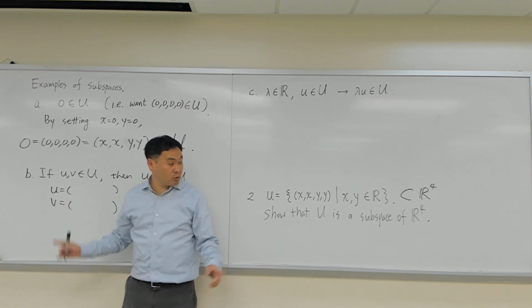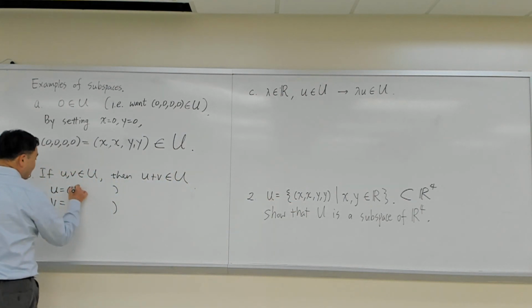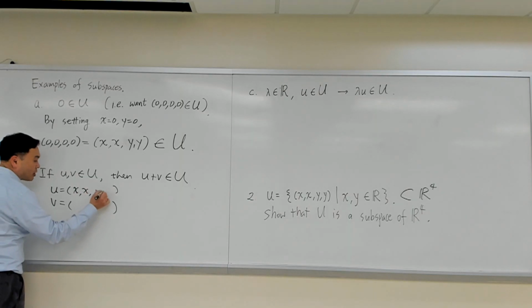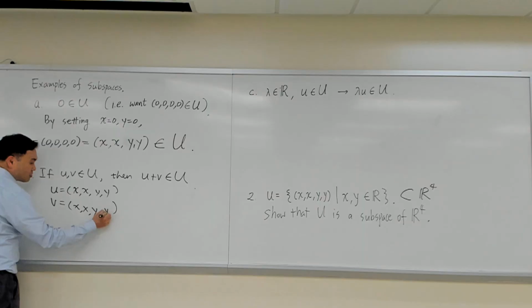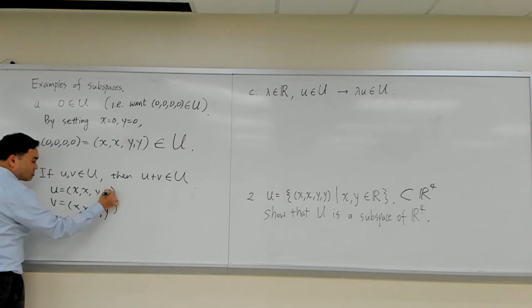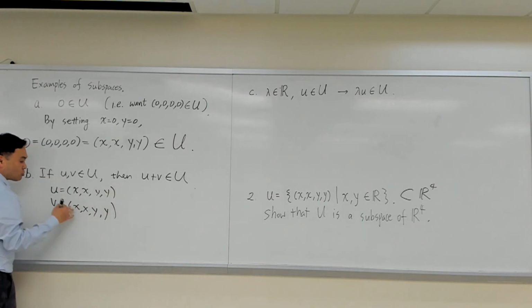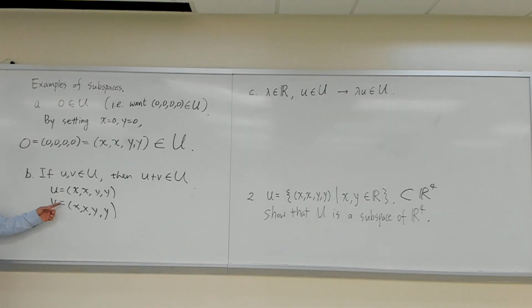So for U to be in here, you better be writing down x, x, y, y. Same thing for here as well. But there's a problem with this approach. If you just write this, it means that U and V are the same vectors. That's not what we were trying to show.